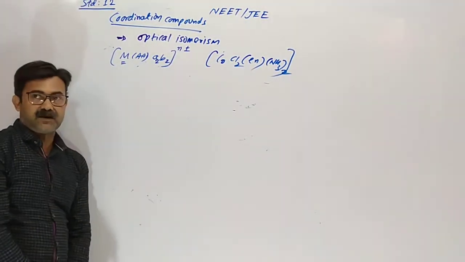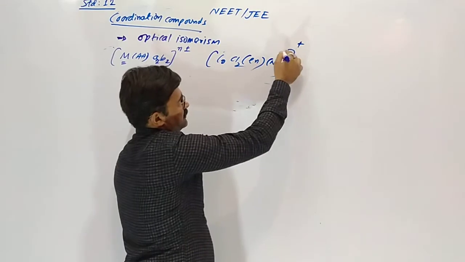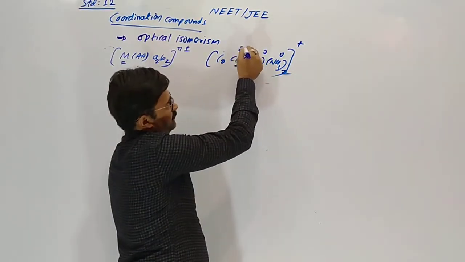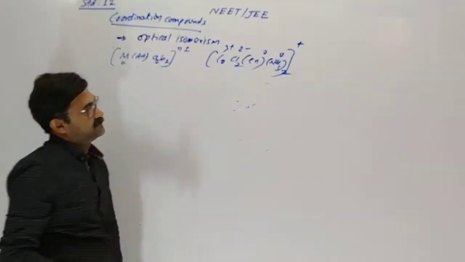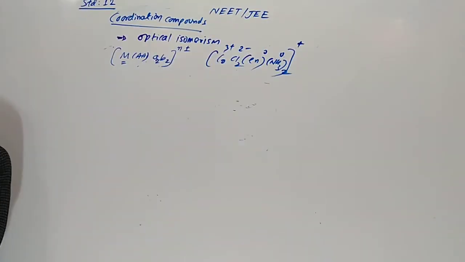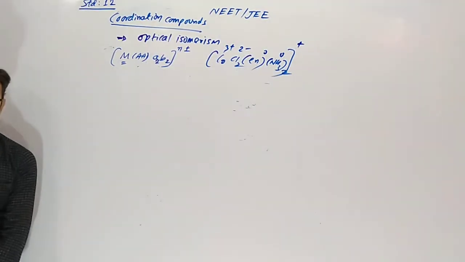Here the charge is +1, amine neutral, En neutral, -2 here, so +3. This one also gives 1 cis, 1 trans.